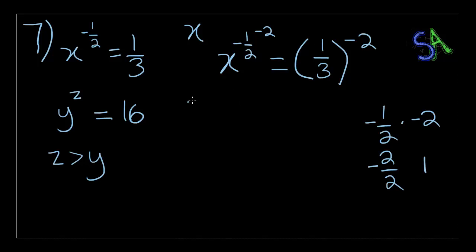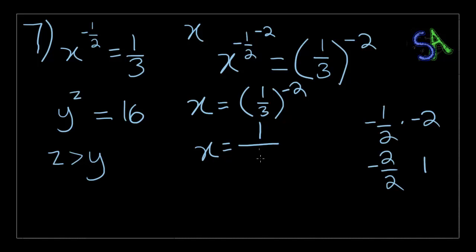So x is equal to 1/3 whole raised to the power -2. If you remember how to turn negative powers into positive ones, you know that if we put this entire thing under a 1, then the power turns positive.